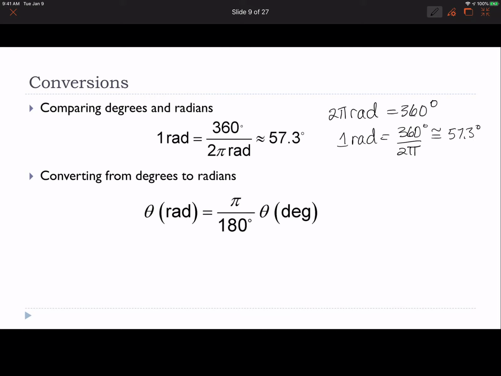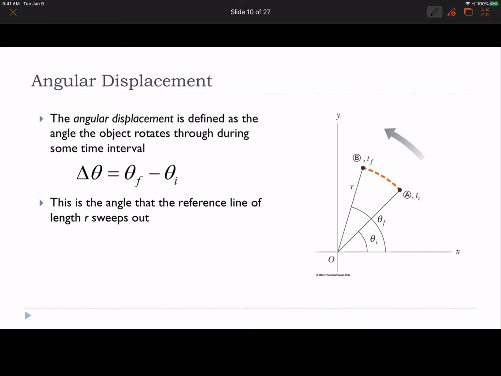So if we want to convert between radians and degrees, we can use that conversion factor. We can also use a conversion that 1 revolution is equal to 2 pi radians. But keep in mind that the standard unit that we would want to use, especially when we're talking about physics and comparing motion that's related to translational motion, moving from one place to another, and rotation, everything needs to be in radians.